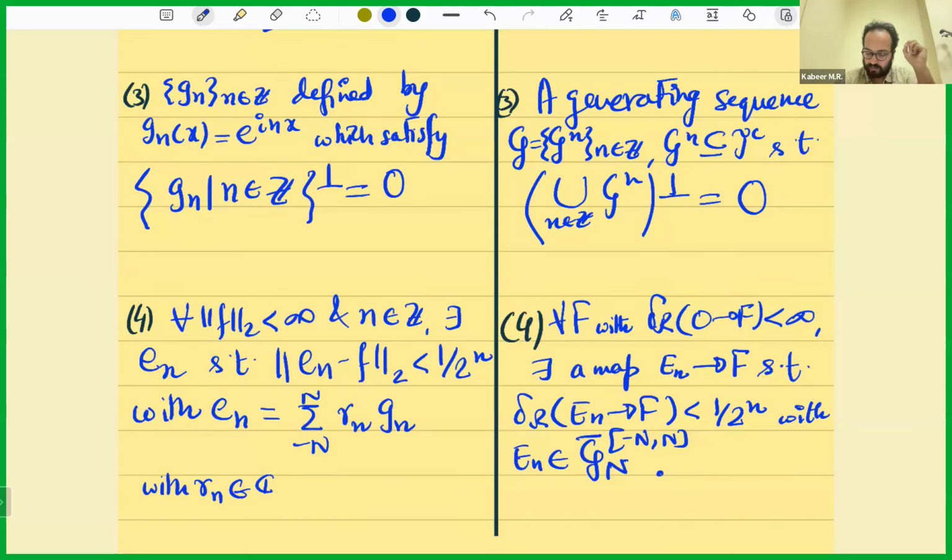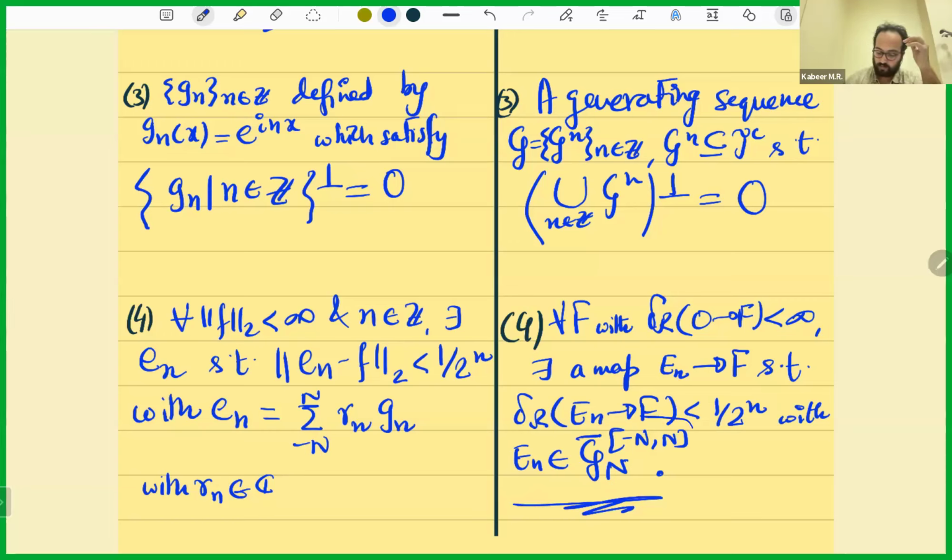On the right-hand side, if there is an object which has finite distance from 0, or equivalently, it belongs to one of the Rn's, then there exists a map En to f such that its distance is as small as we want, and the object En is built from the generating sequence in a finite number of steps.